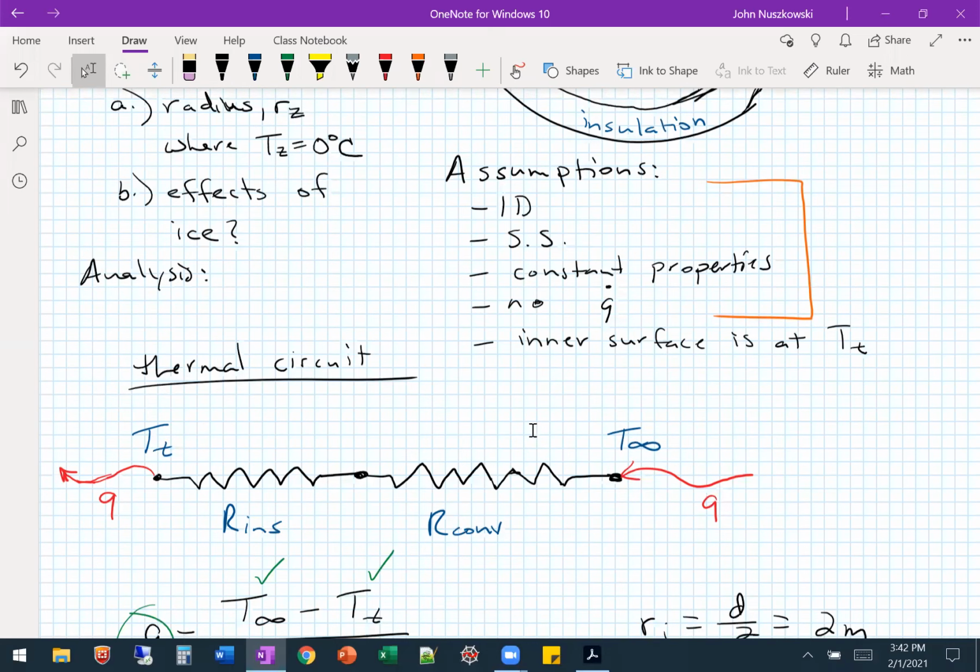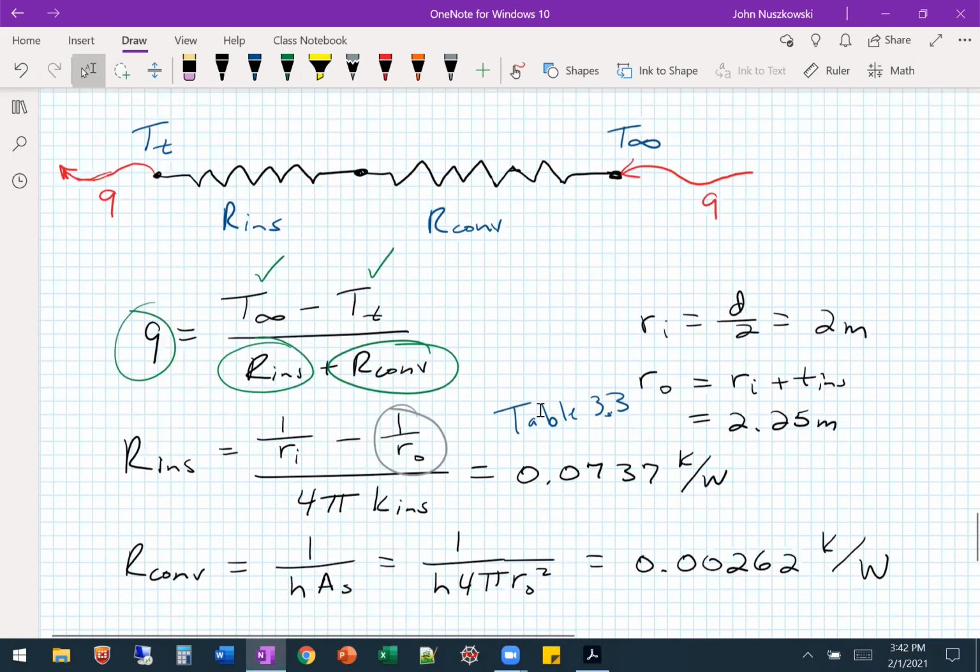So now we essentially redo everything, but we have to sub in TZ for T infinity and solve for R. Somewhere in here there is a location where the temperature TZ is equal to 0 degrees Celsius.